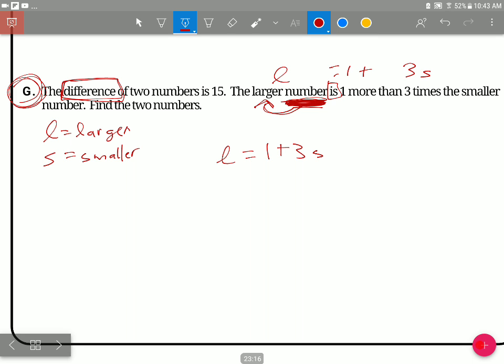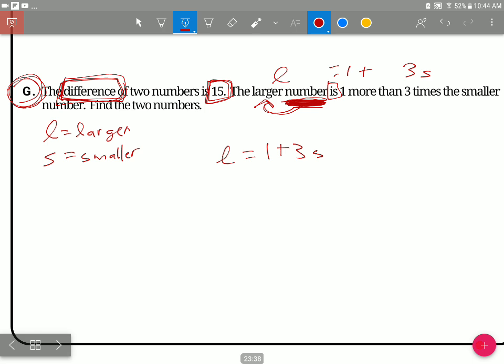Is it L plus 3S equals 15? Not quite. It does have to do with the 15. Let me ask you about this. What type of equation do you think that is? Do you think that's a total, a grocery list, or a comparison? It's actually a total. The difference is the word difference here.